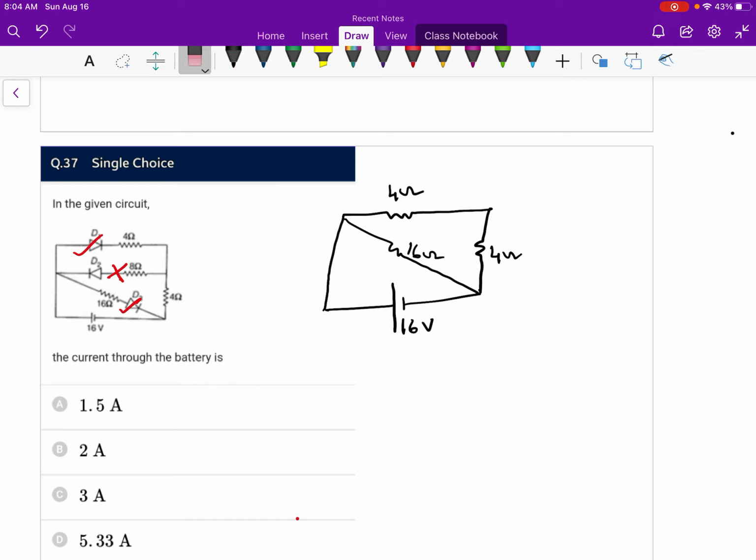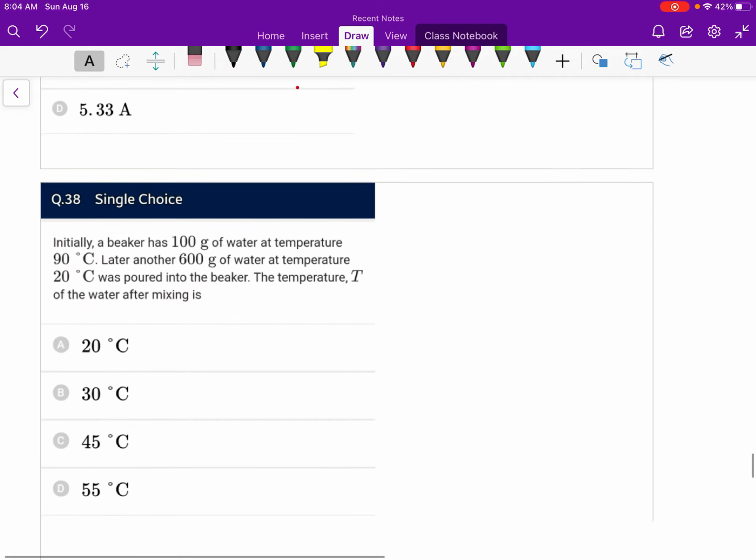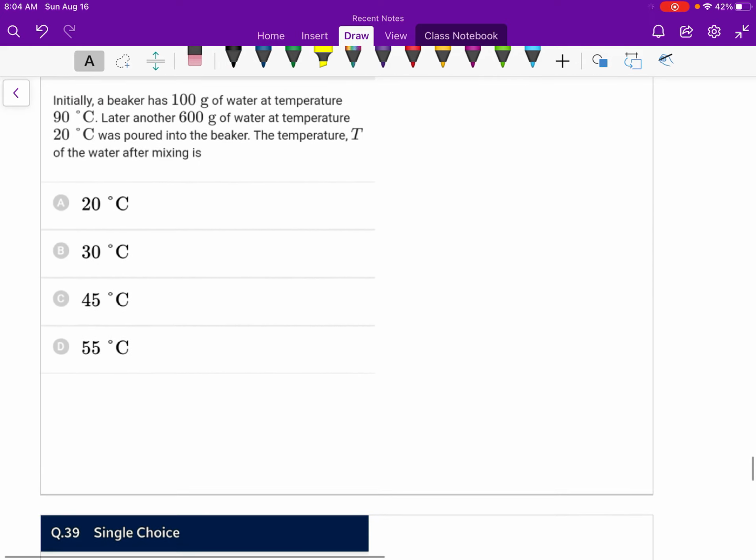So for the current through the battery, R equivalent is 8 into 16 upon 8 plus 16, that is 16 by 3 ohm. So the current through the battery is 16 volt upon 16 by 3 ohm, that is 3 ampere. So C is the correct option.